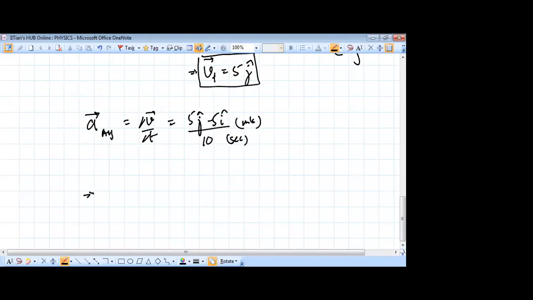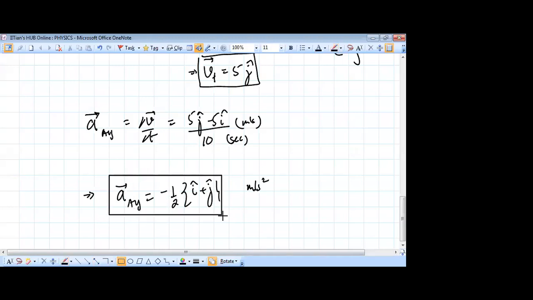So the average acceleration as a vector in component form will be minus 1 by 2 i cap plus j cap, in meters per second square. Now we'll have to interpret this acceleration in terms of magnitude and direction.